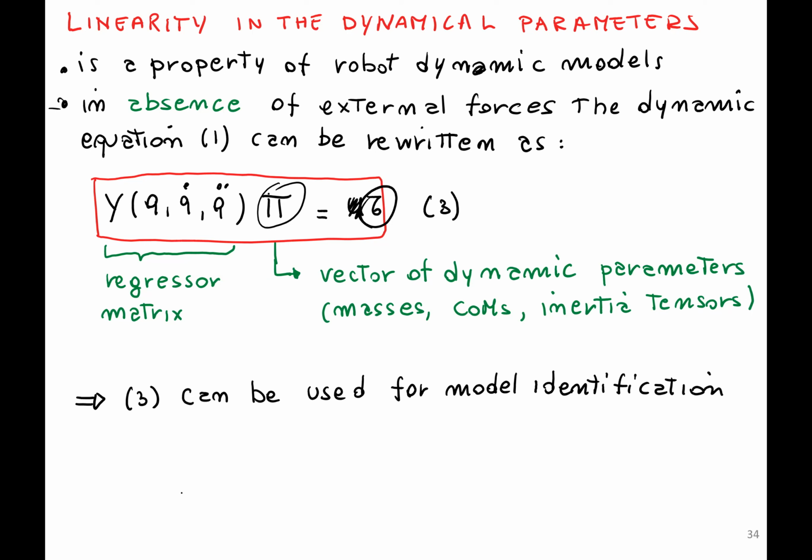So you can identify in essence the dynamic parameters of your robot, because the ones that are provided by the CAD data are not precise. Of course, they are just a good approximation, but they are not perfect. So if you want more accuracy, you need to do an identification of these parameters.